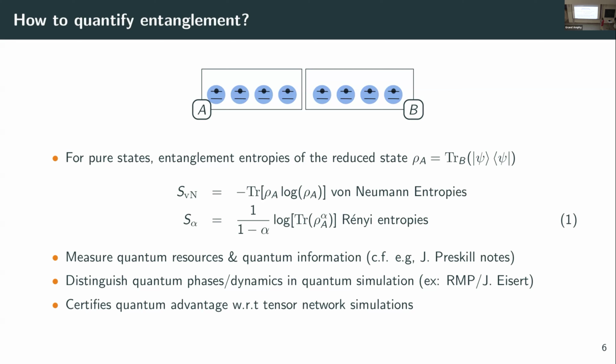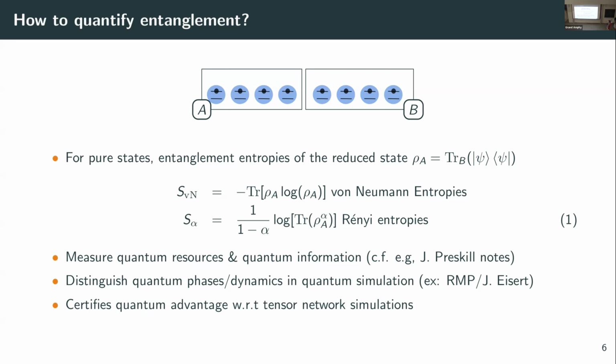And how to quantify entanglement of A versus B is done by calculating the entropies of this density matrix. Von Neumann entropy is the most famous one. And Renyi entropies may be less famous, but they are easier to measure, and I will focus on these later on.